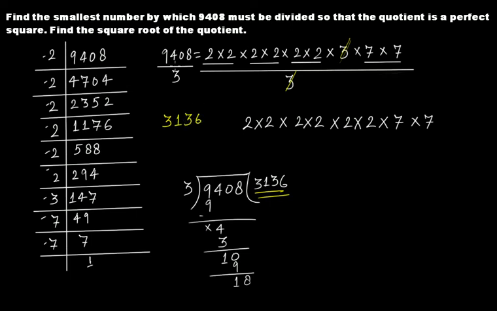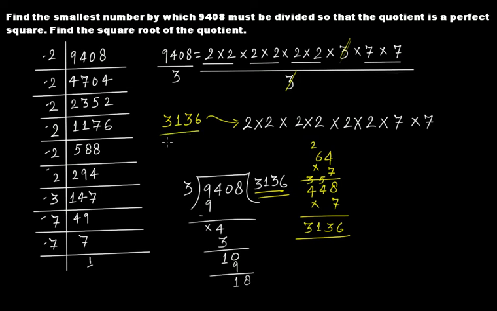You are getting 3136 as the quotient, and it's the same thing you're getting by division from here. So you can cross check it. 2 times 2 is 4, times 2 is 8, times 2 is 16, times 2 is 32, times 2 is 64, then 64 times 7 is 448, then times 7 is 3136.